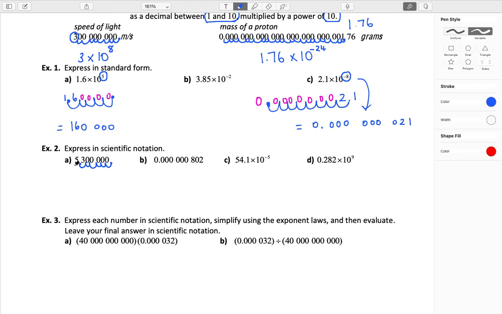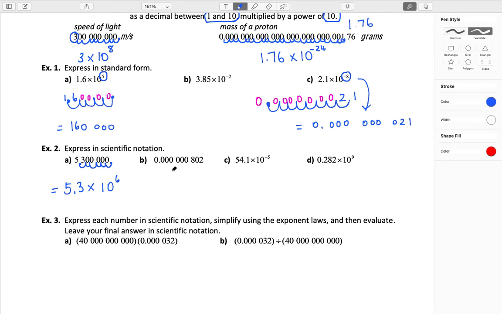I stop as soon as I hit the first number. So it's 5.3 times 10 to the, how many steps did I move? 1, 2, 3, 4, 5, 6. So 10 to the 6. That is my scientific notation.